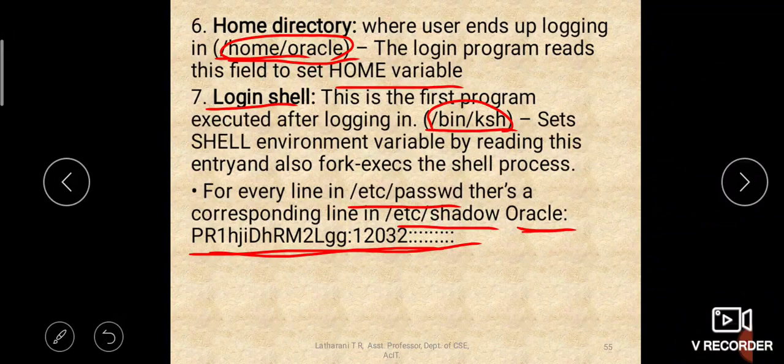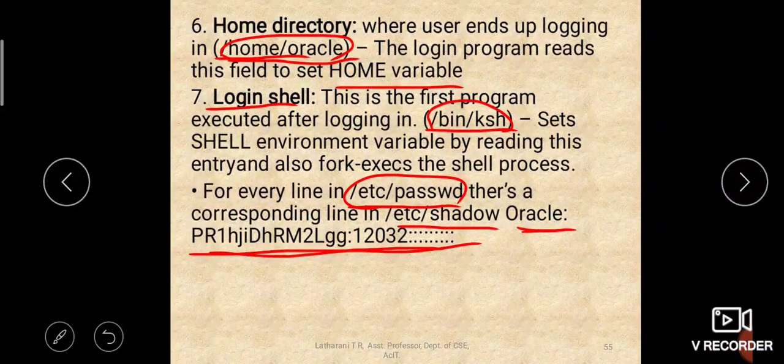See, don't get confused. The password is not stored in etc password. So where is it stored? etc password is under root, right? Because it is starting with etc, it is an absolute path, so it is starting with a slash. So under root, the etc directory is there, and under etc, password will be there.